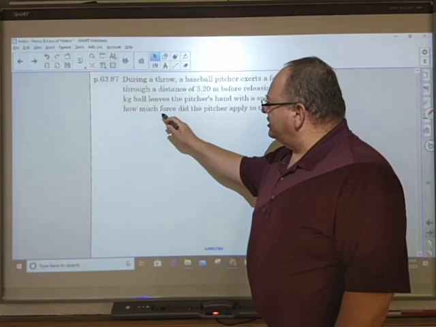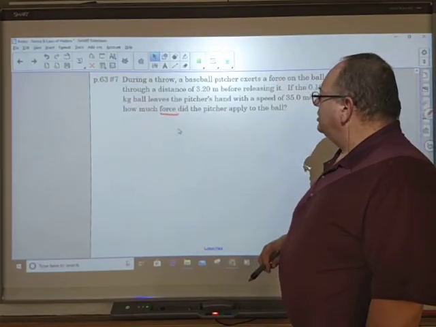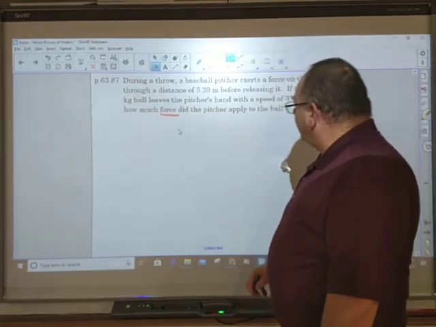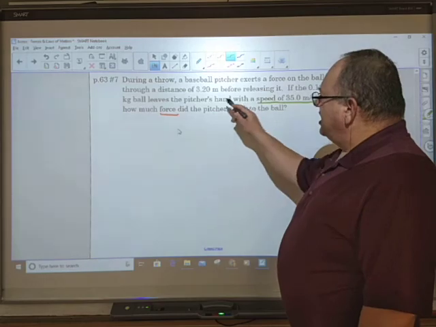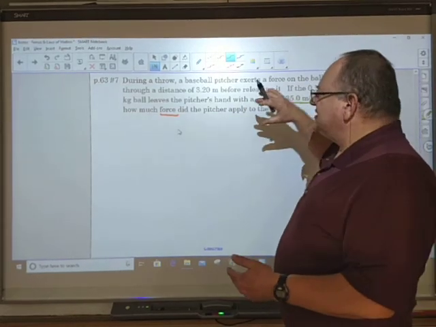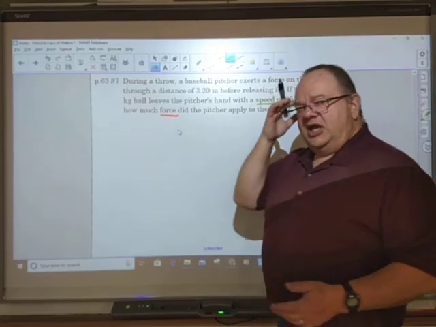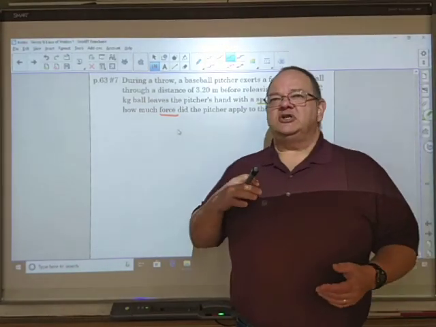So when I'm looking at this, there's my question. I'm looking for the force. I could identify things I know. I've got a speed of 35 meters per second. That's when it's leaving the hand. And that's significant because that's a final velocity. And then my physics intuition kicks in and says, what was the initial velocity?